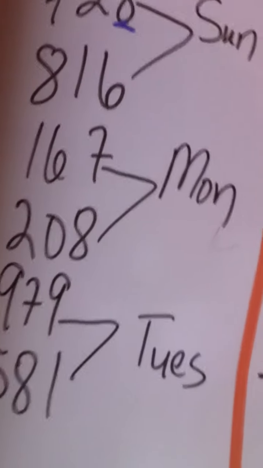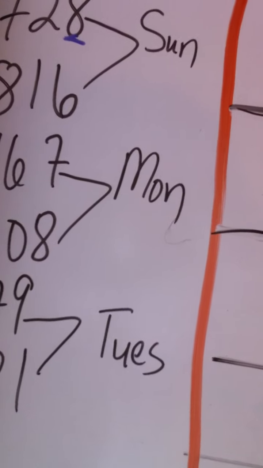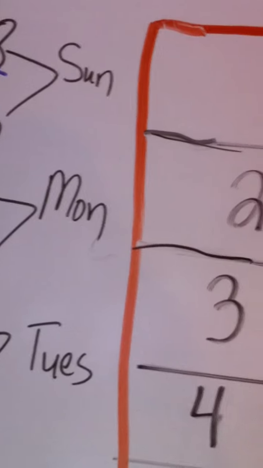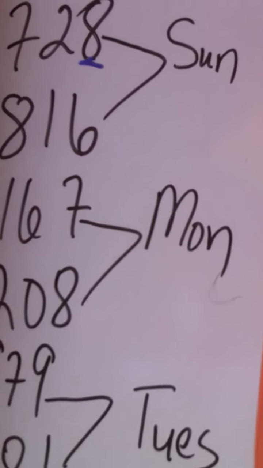So I left off at the 167. Okay, and now you go to the 2. The 2 fell in the first place, so I will mark my 2. And then I have 0 that fell in the second spot, so I will put a tally mark on the 0 in the second space, and then I will go up and find the 8, which is in the third space again.